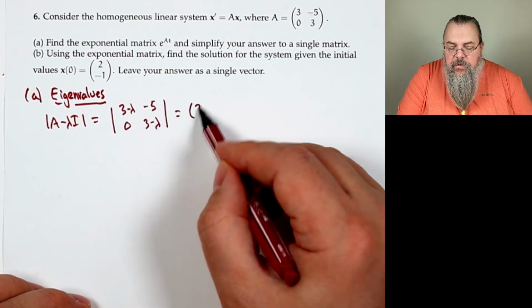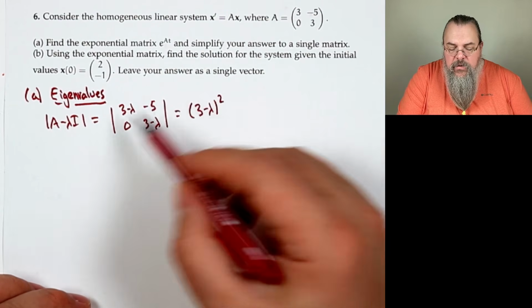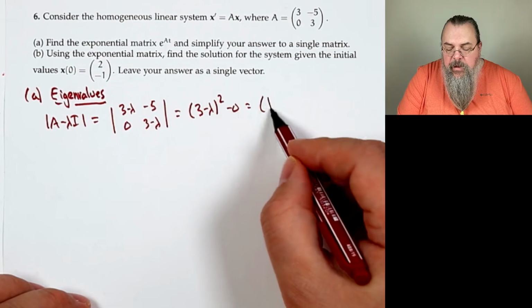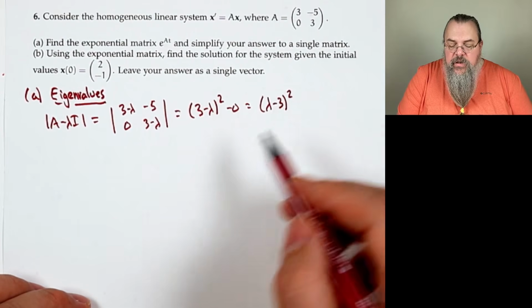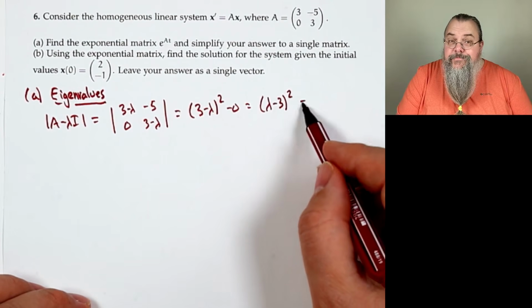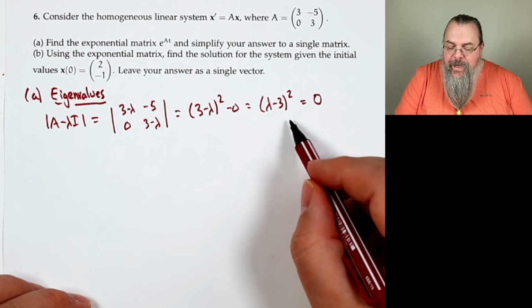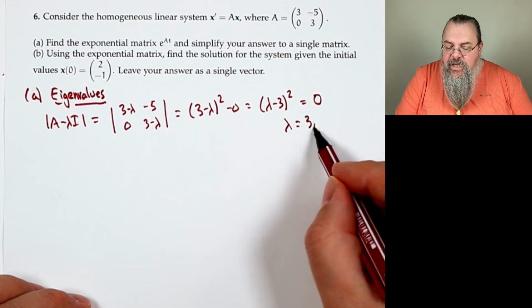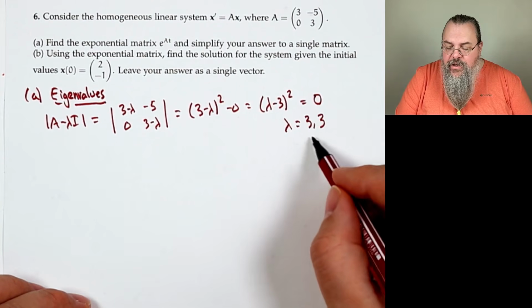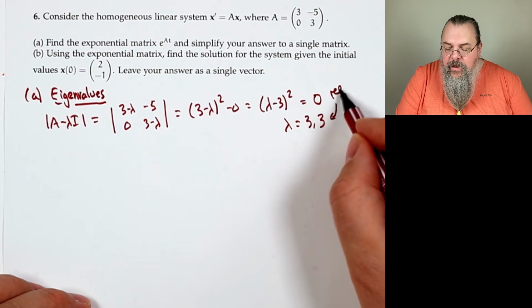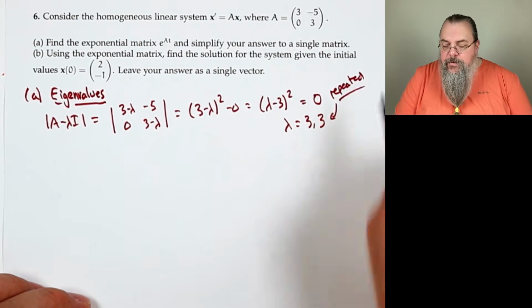Well, that's 3 minus lambda squared, subtract 0. Or if you like, that's lambda minus 3 squared. Well, when is that zero? It says we have repeated roots.